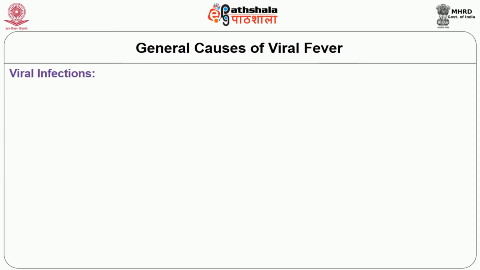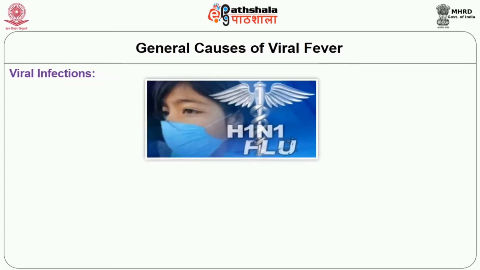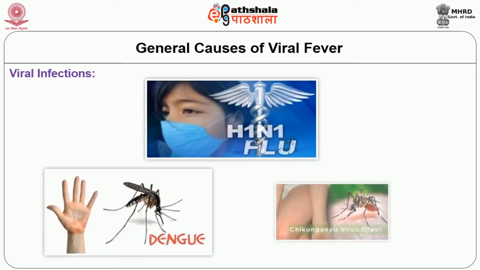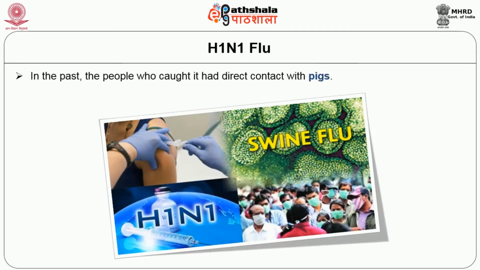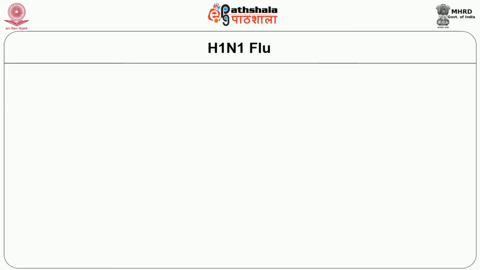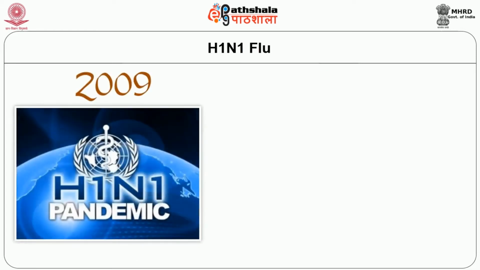Having seen some snippets on viral infection, let us now move on to some of the specific viral infections like H1N1 flu, dengue, and chikungunya. Coming to H1N1 flu, it is also known as swine flu. It is called swine flu because in the past, the people who caught it had direct contact with pigs. In the year 2009, H1N1 was spreading fast around the world, so the World Health Organization called it a pandemic.